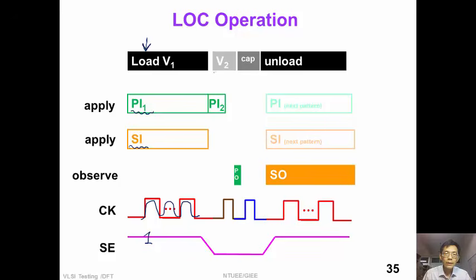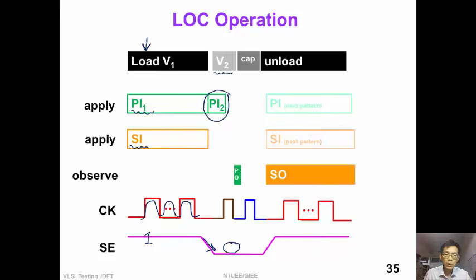When we apply vector 2, we create a falling transition. We control SE to 0. And we apply primary input 2.